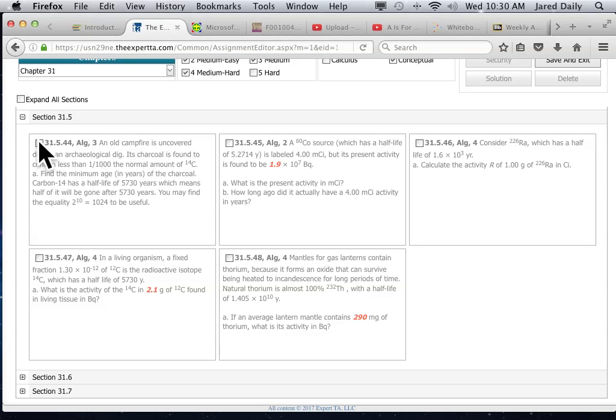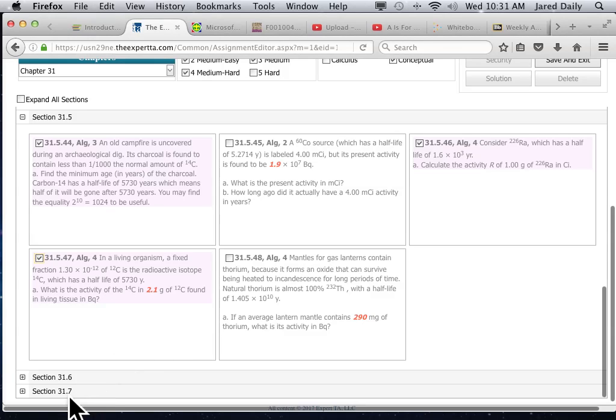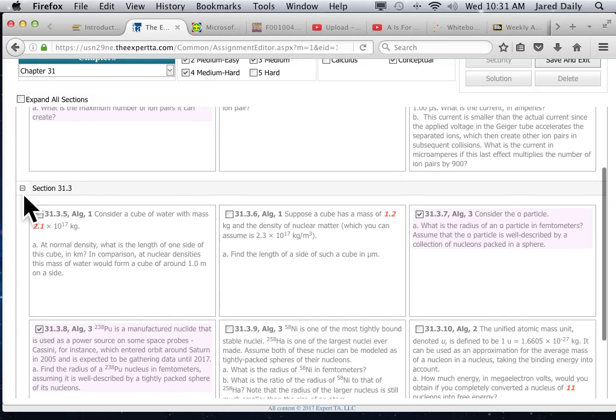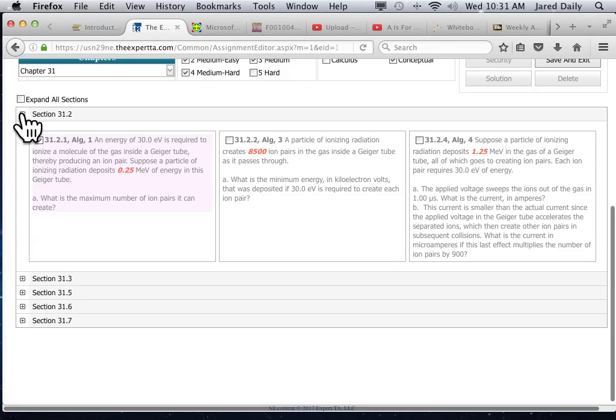Let's do some carbon dating. This is cool stuff. There's another type of radiation. There's another thing that I didn't talk about, the becquerel. That's just a unit of radiation. It's a number of counts per something, I don't remember.